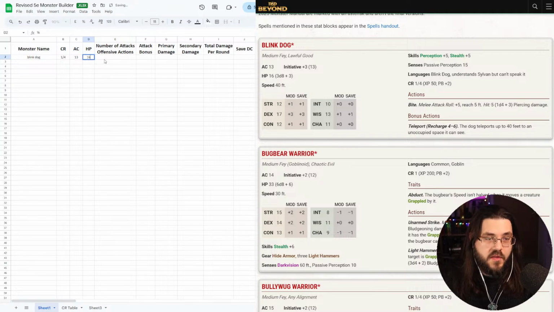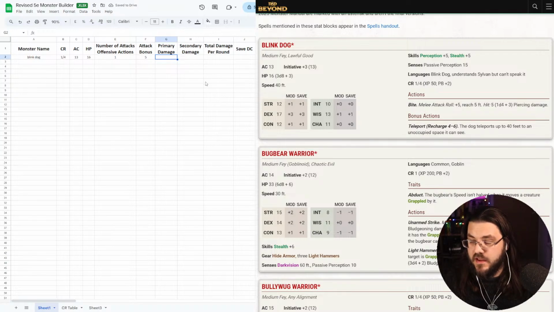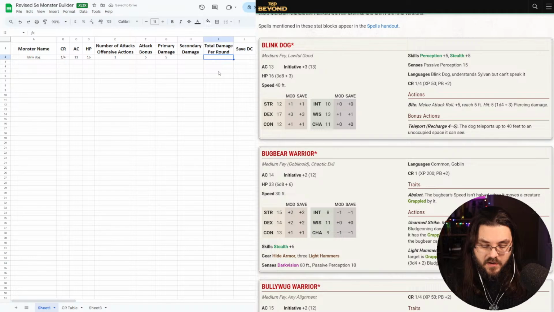So we're going to start with the blink dog because it's what we've got, and you'll very quickly get a sense of what we're doing here. +5, and then it is 5 piercing damage, has no secondary damage, total damage per round equals that plus that.